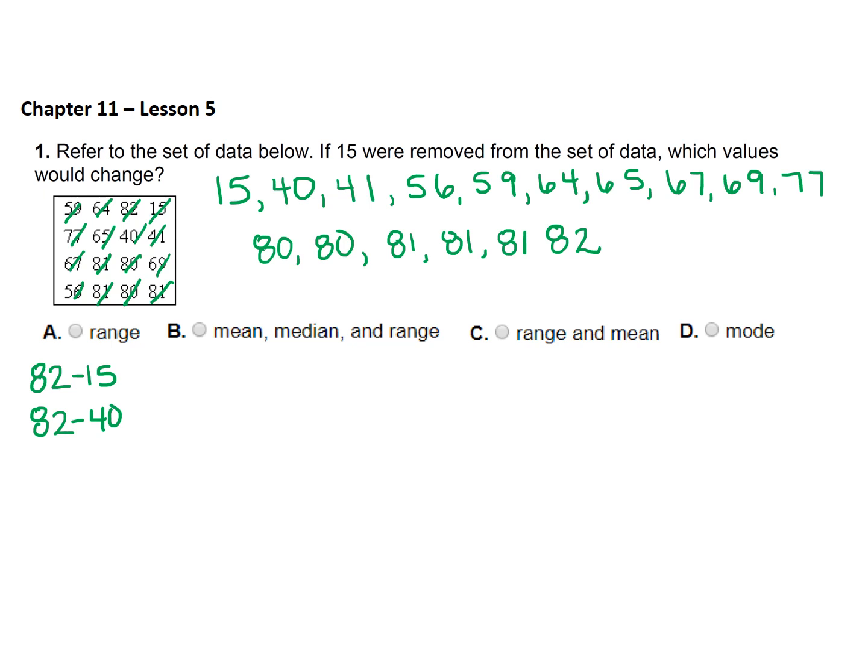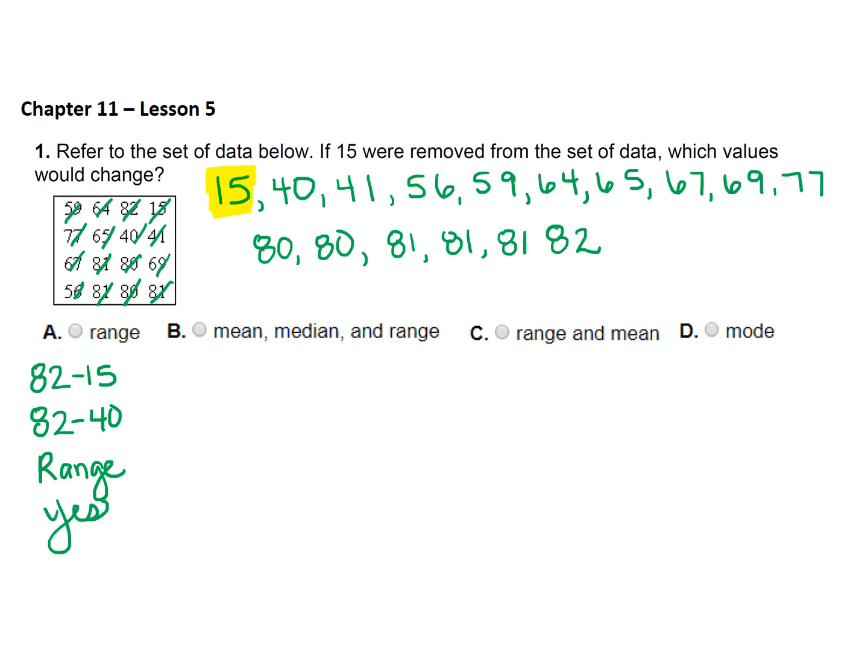I'm going to highlight 15, since that's the one we're leaving in and taking out. So if it's in, it's 82 take away 15. If it's out, it's 82 take away 40. So, does the range change? Yes.